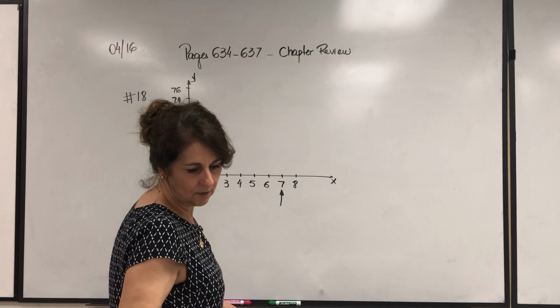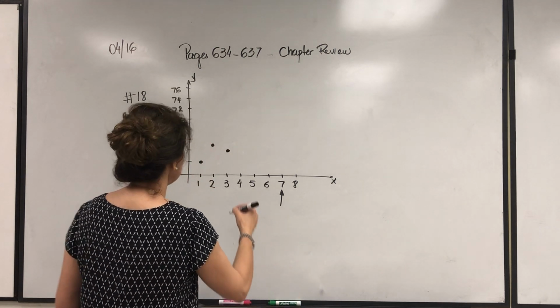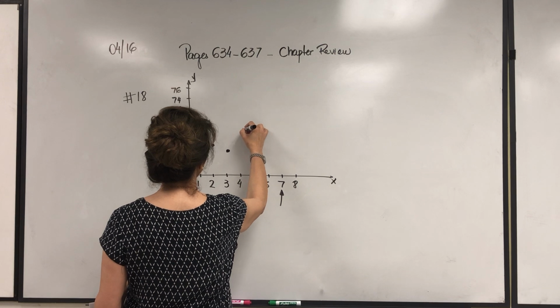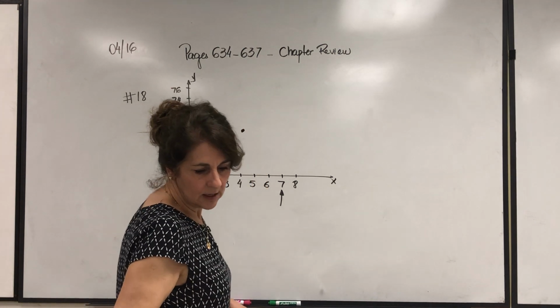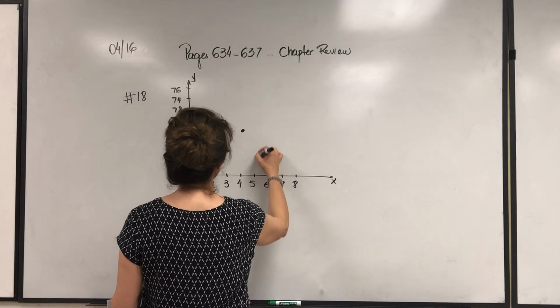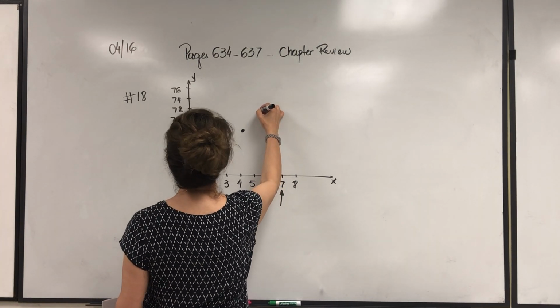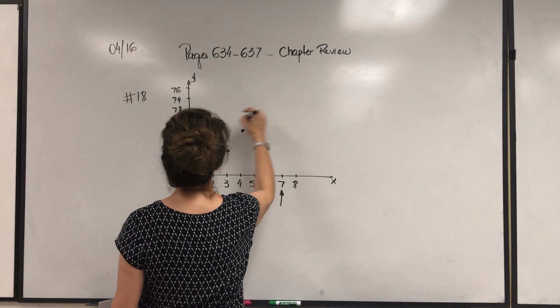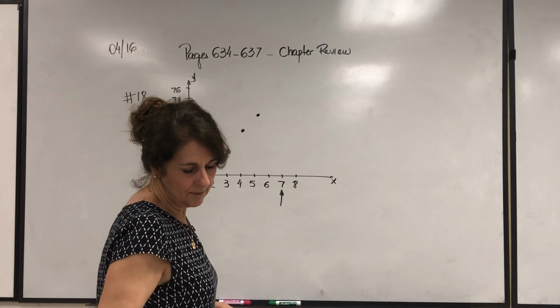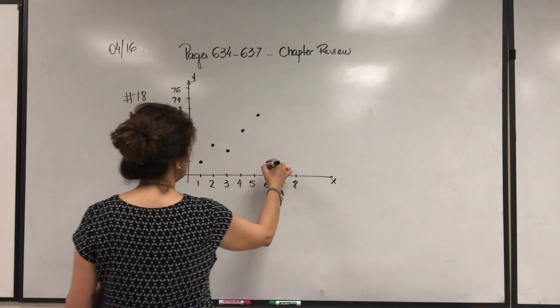For season 4, 68. Season 4, all the way up to 68. Season 5, 71. Season 5, right here, kind of in between 70 and 71. And for season 6, 74 points.